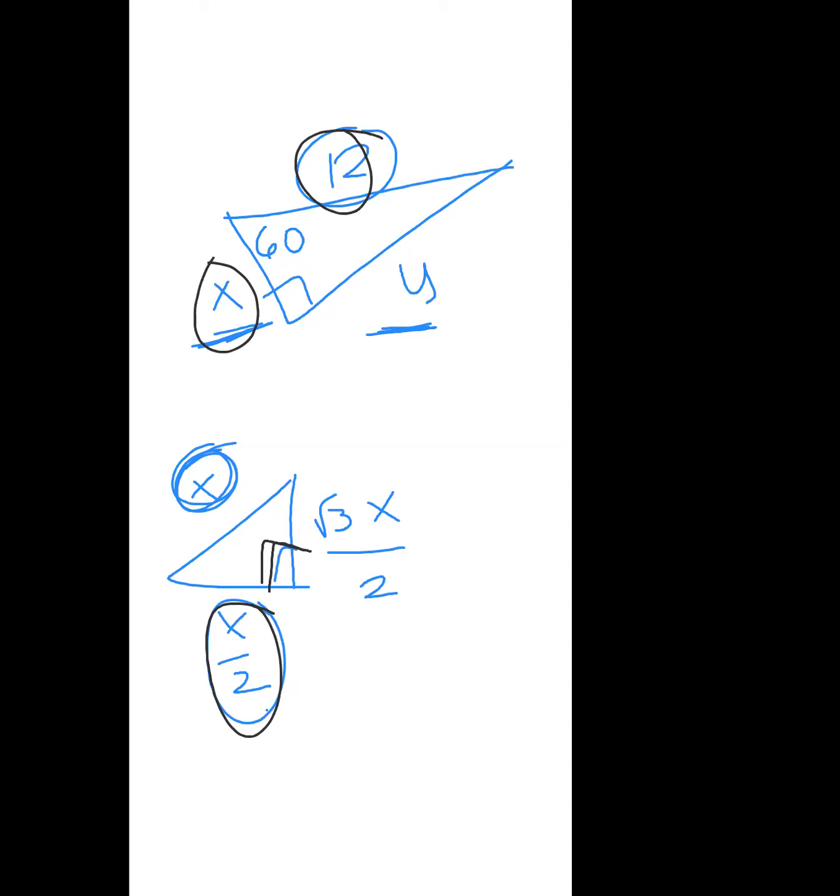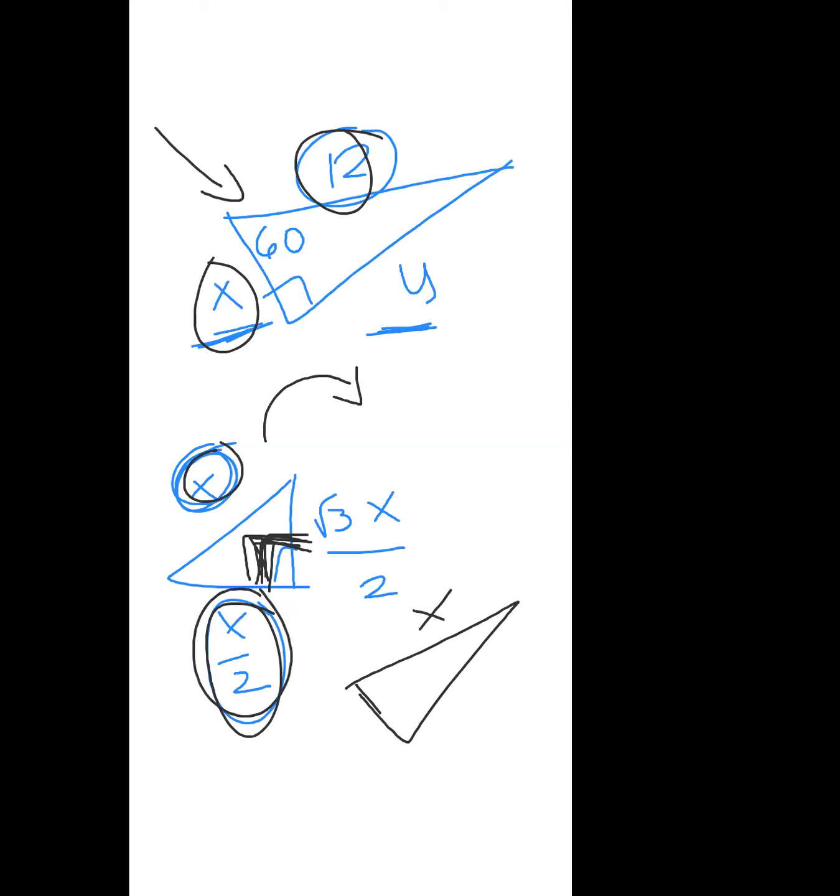Hindi, anak. So, tignan mo yung right angle. Ito yung right angle natin, di ba? So, kapag pinwesto natin siya parang ganito, magiging ito siya. Tama? So, parang i-rotate mo lang siya ng konti papunta doon. Okay? So, yung nasa taas, ito si x. Tapos, itong nasa side, ito, x over 2.